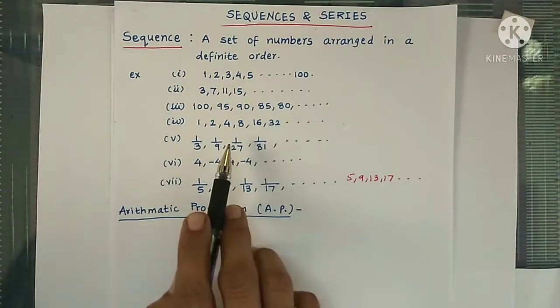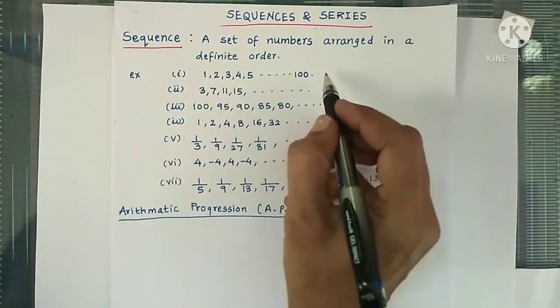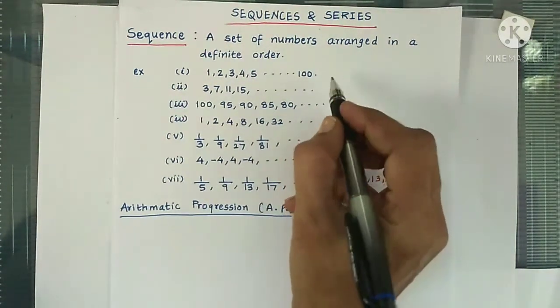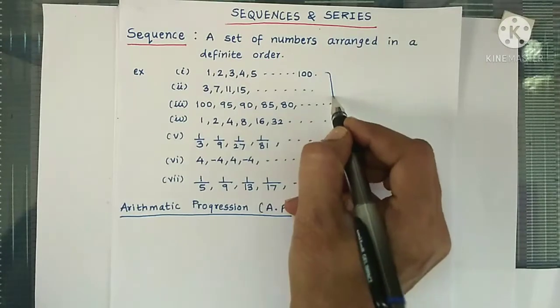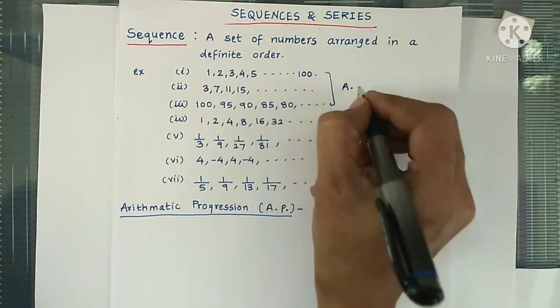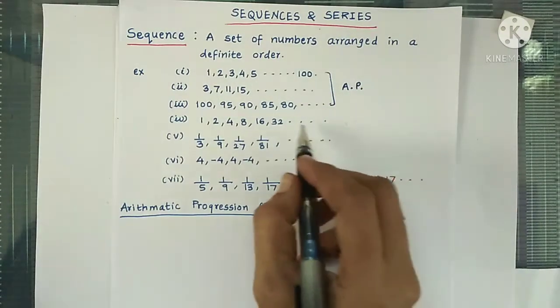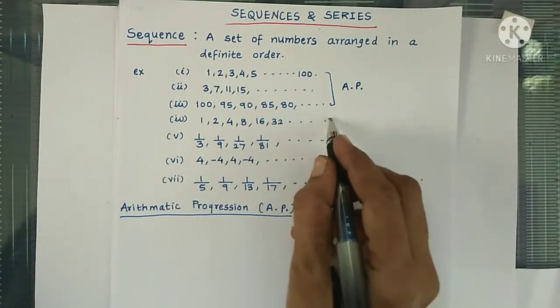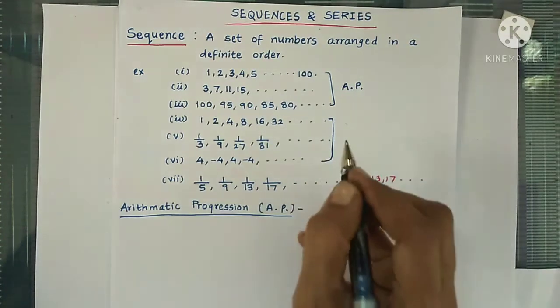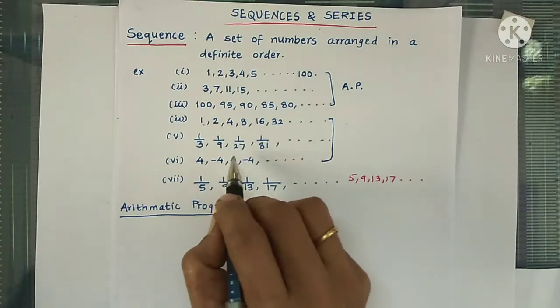Now these two examples, these are natural numbers. It is AP. So here the difference is constant. So these sequences are known as arithmetic progression that you have studied last year. In these three examples, the ratio is constant. So here the ratio is 2, here it is 1 upon 3 and here it is minus 1.